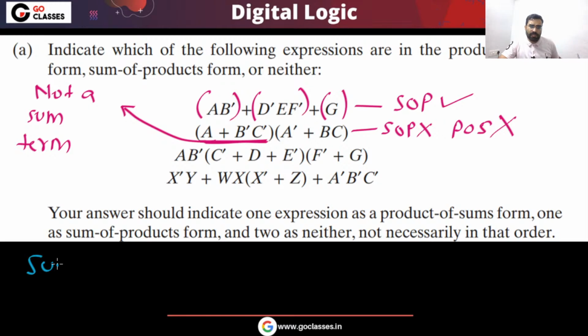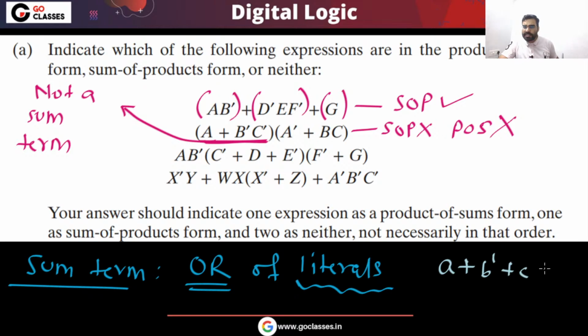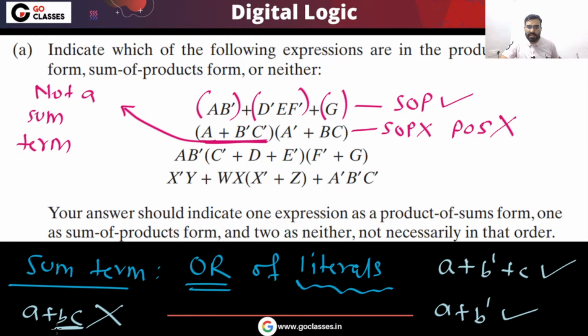What is a sum term? This is sum, this is OR of literals. For example, this is a sum term, and this is also a sum term. But remember, if I write a plus bc, this is not a sum term because this is not a literal.